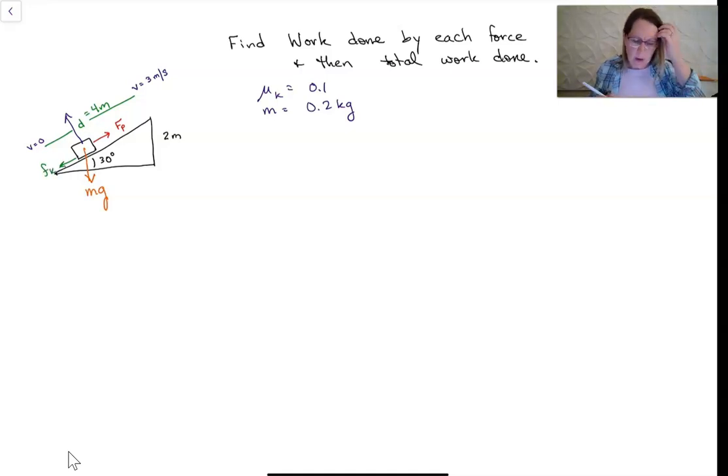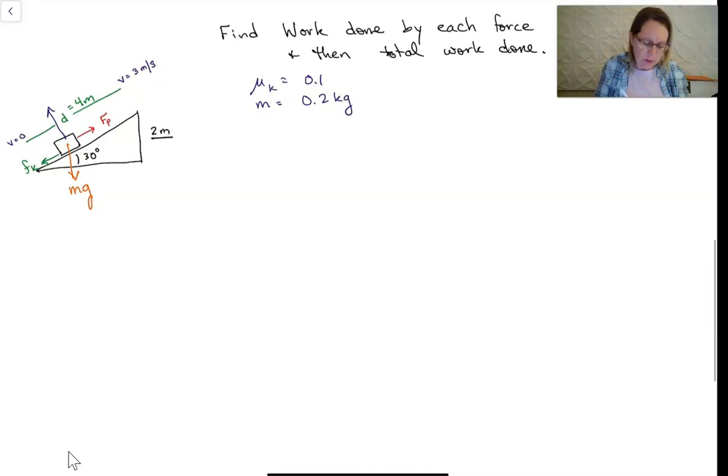And so to set this up, the displacement is along the incline of 4 meters. Yeah, that's right, because this is 2 meters here. So if you use SOHCAHTOA, that gives you a distance of 4 meters.